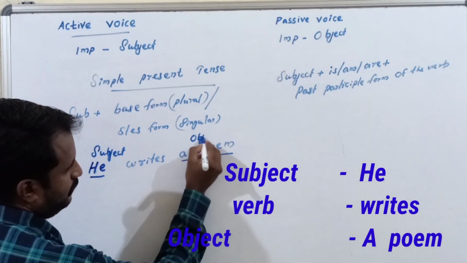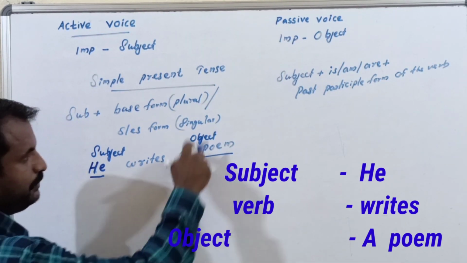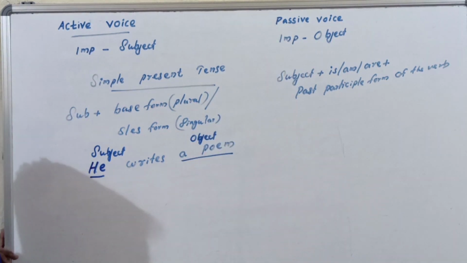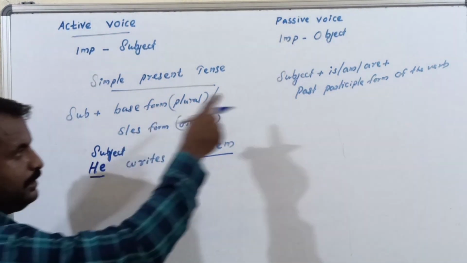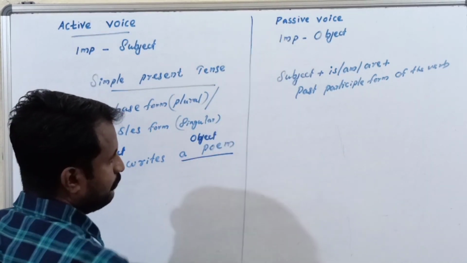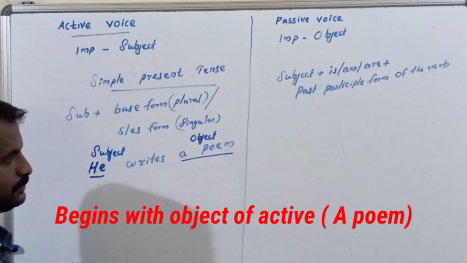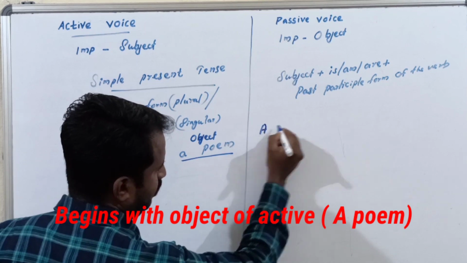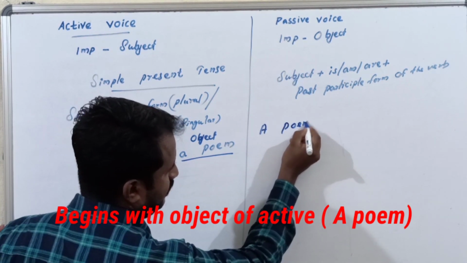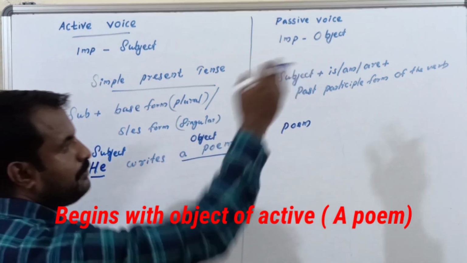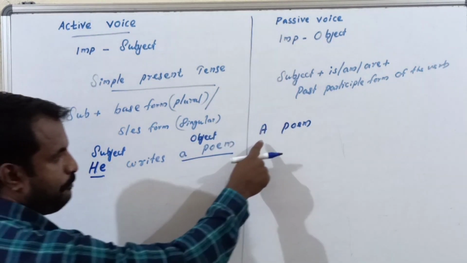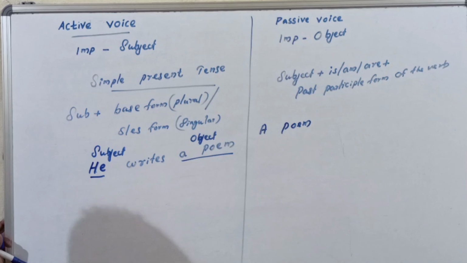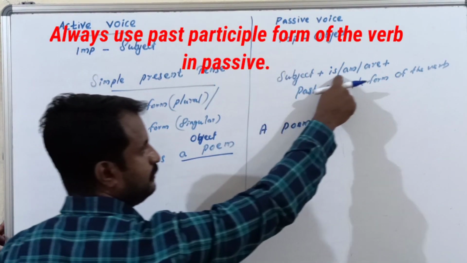This object becomes the subject in the passive. In active we have given importance to the subject, and in passive, we will give importance to the object. So we have to start with a poem. And remember, we cannot simply write any is, am, are. That depends upon the subject we have taken. A poem is a singular subject, so with a singular subject we mention is.